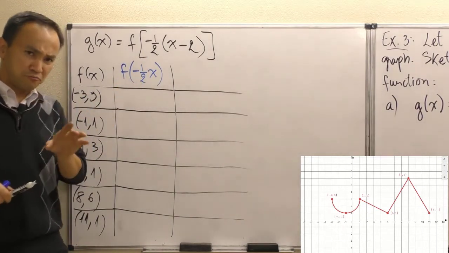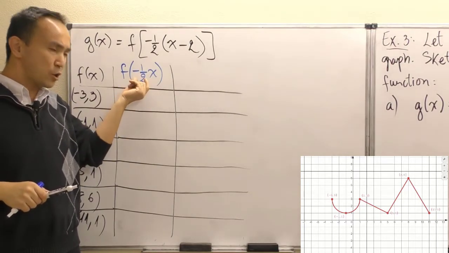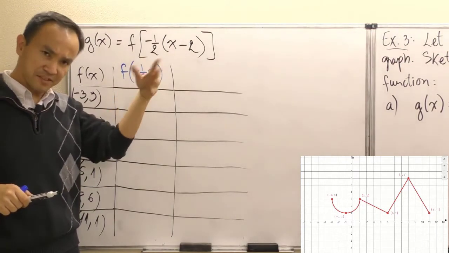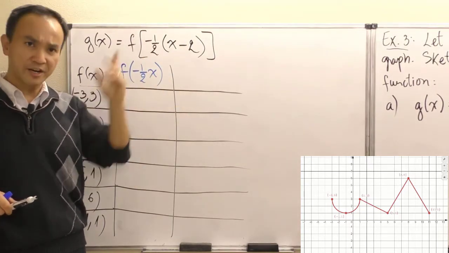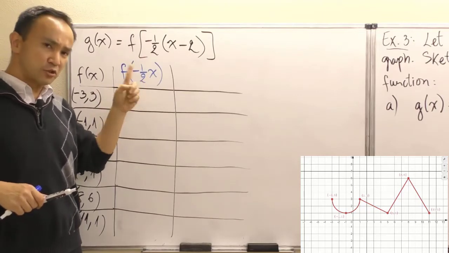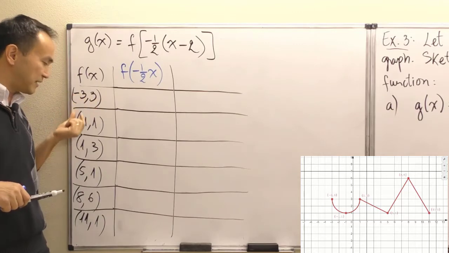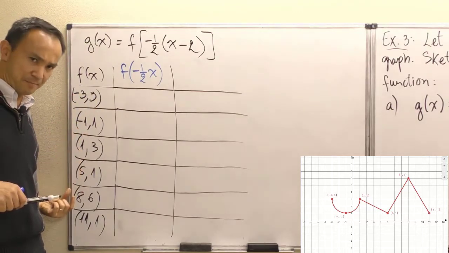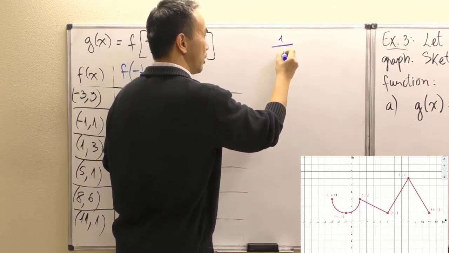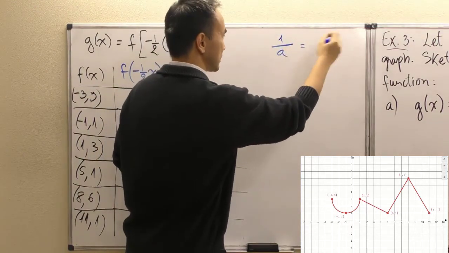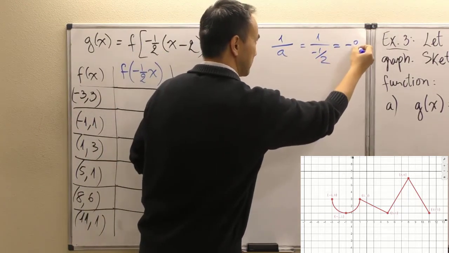Remember that advice I had earlier when we learned about this. This coefficient a could be negative, could be positive, could be whatever, with an absolute value less than 1 or greater than 1. All we do is break it down into one piece of advice: we are going to multiply every x value from the preceding list by 1 over a, which in this case is 1 over negative 1/2, or mathematically negative 2.